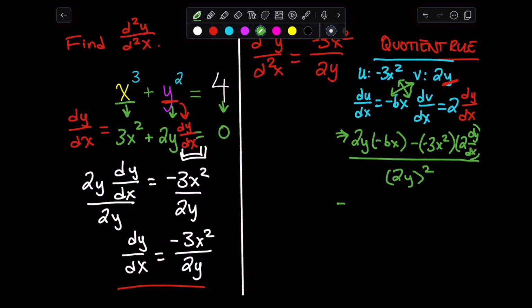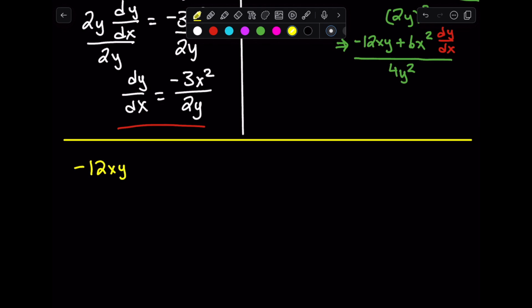So I'll just simplify this down below. We have negative 12xy plus 6x squared dy/dx all over 4y squared. I'm just going to rewrite this down here so all our work stays organized.